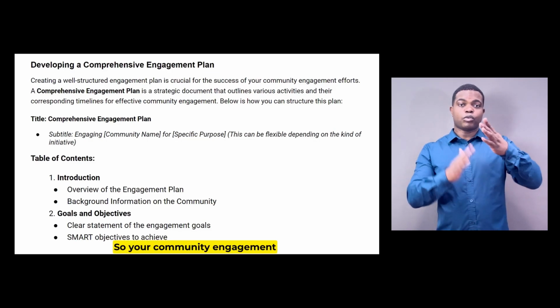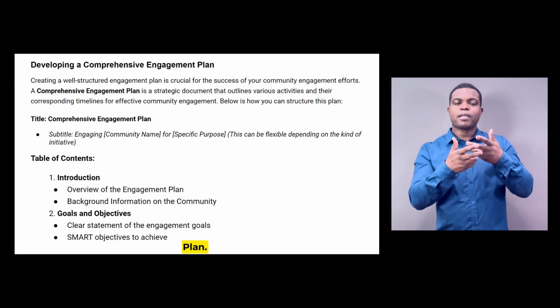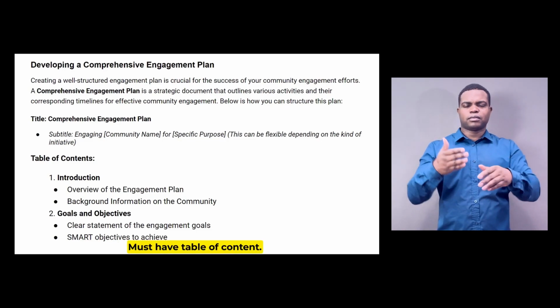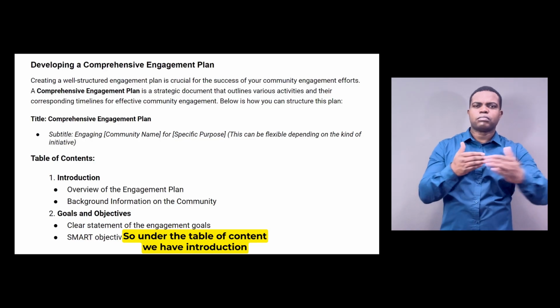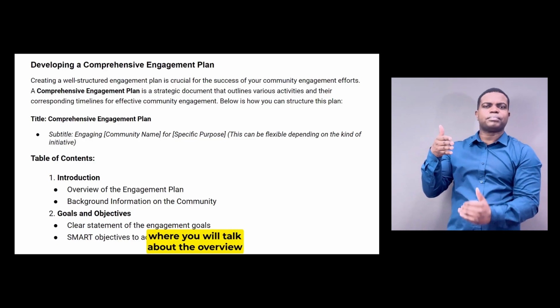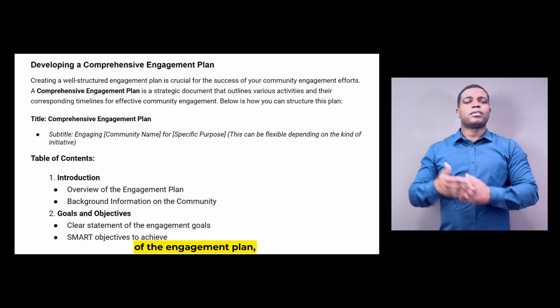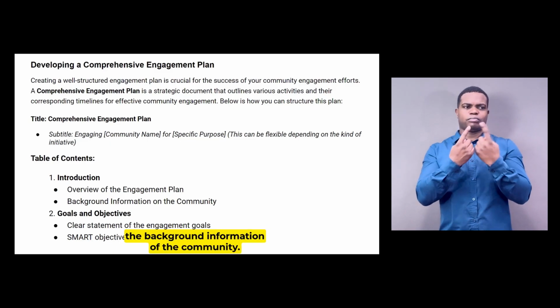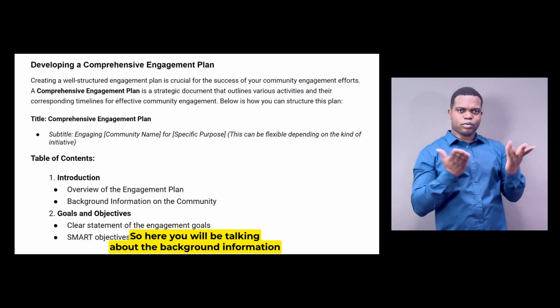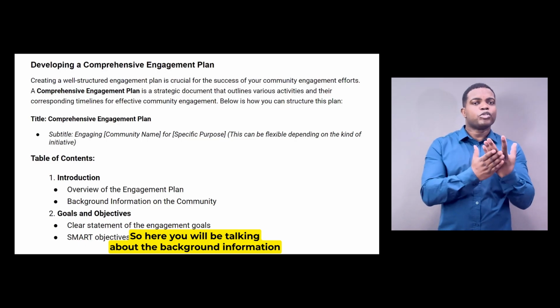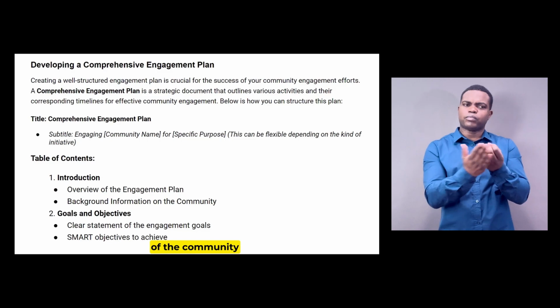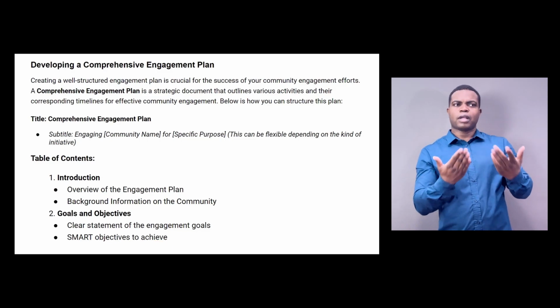Your plan must have a table of contents. Under the table of contents, we have the introduction, where you will talk about the overview of the engagement plan and the background information of the community you are engaging.